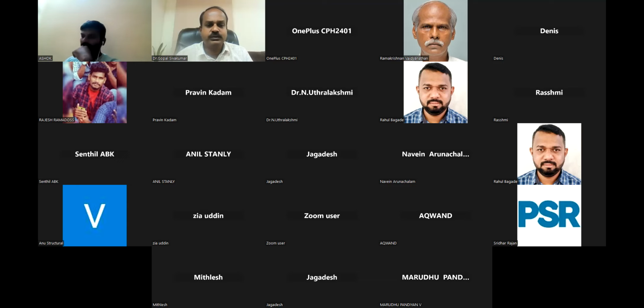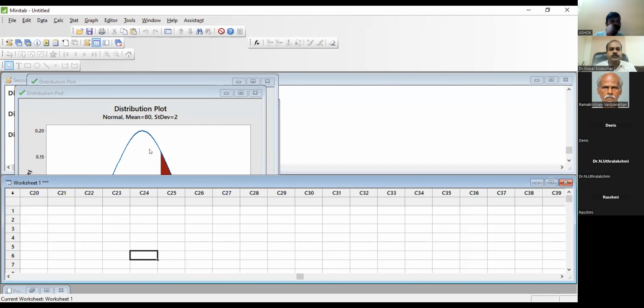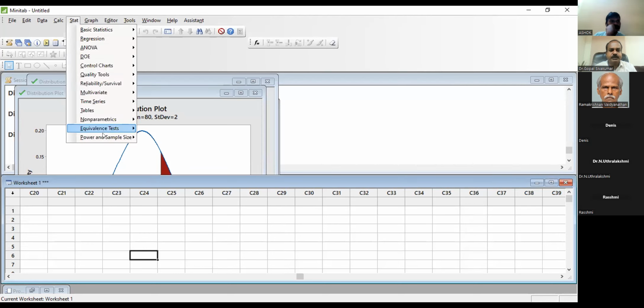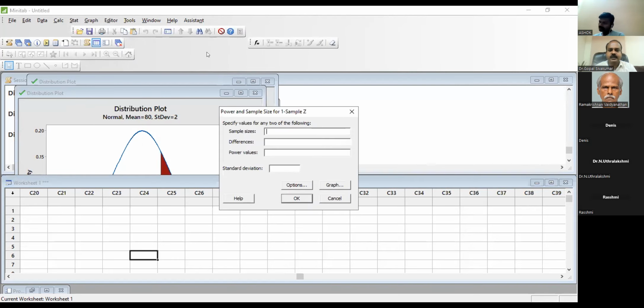So you have to help me with the numbers. I'm showing my Minitab screen now. You go to Stat. Can you see Power and Sample Size? Now choose one sample Z test. Sample size, straight away it is asking.